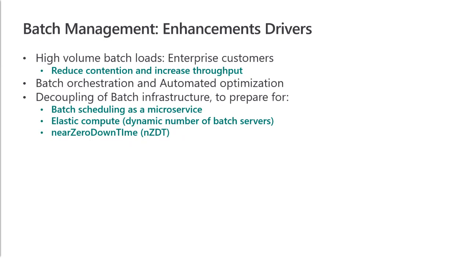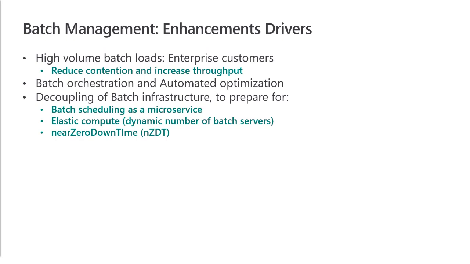Finance and operations used to be a medium to large business solution. We have for some time, even back in the day, had some enterprise customers, but now it has gradually moved into being a complete enterprise solution. That also brings high volume with batch loads, and the application itself has grown quite significantly in breadth and depth, adding new solutions and new verticals, and all this results in additional load.